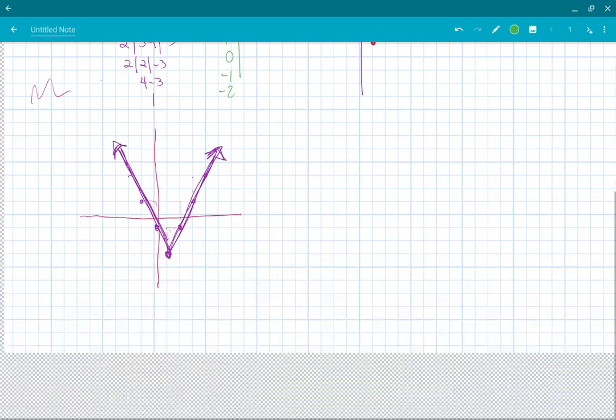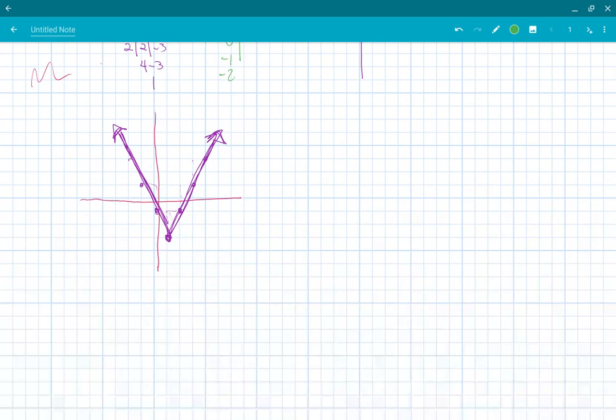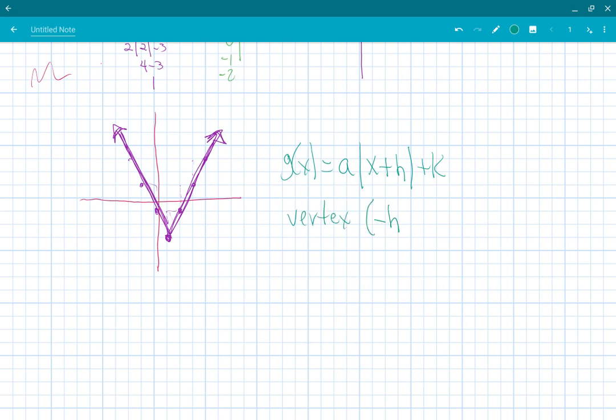Now on the first graph, on the absolute value graph, we actually did the math. We did the actual work, right? But later on, you can do it like this if you want. You can say g of x equals a times absolute value of x plus h, plus k, and the vertex is the opposite of h comma k, and the steps are the a value.